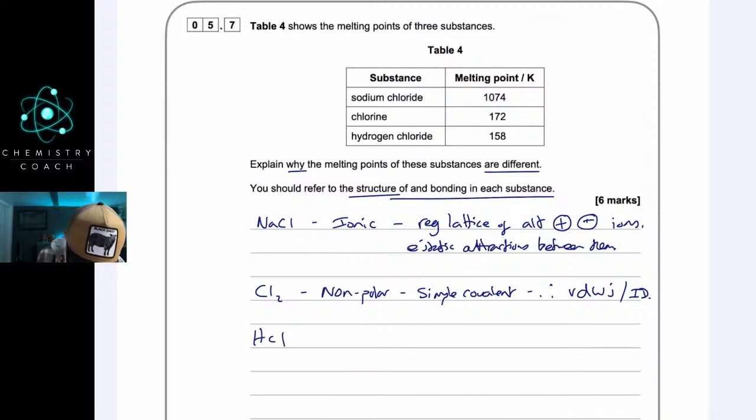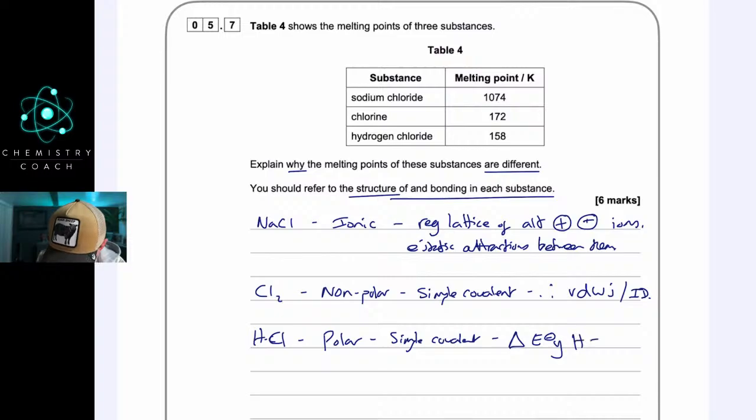Next up, HCl. HCl is a polar simple covalent molecule, because there's a difference in electronegativity between the hydrogen and the chlorine, and you end up with a permanent dipole. Chlorine's more electronegative than hydrogen.